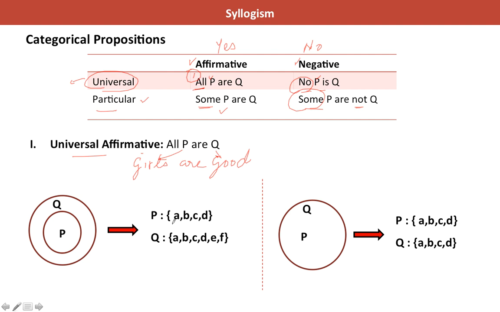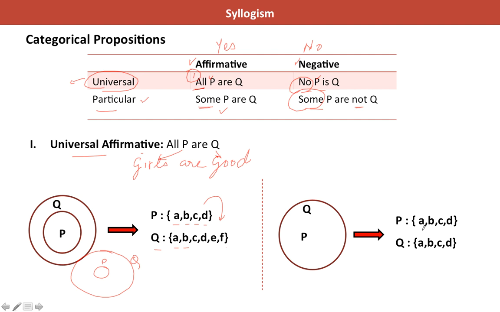It means that if P is a subset, like let's say I have a set A, B, C, D, and then Q is another set, A, B, C, D, E, F, then P will be a subset of Q. All P will lie within Q. So when I draw a diagram, I have this P, and this entire P will lie inside another bigger circle, which is Q.